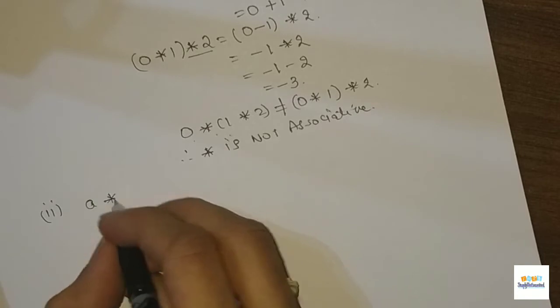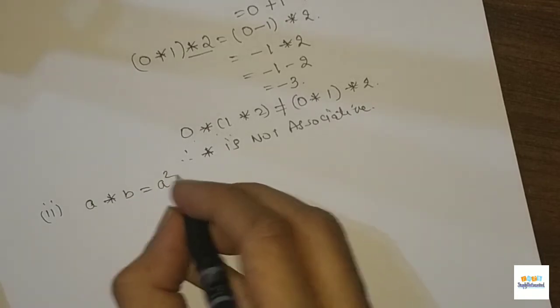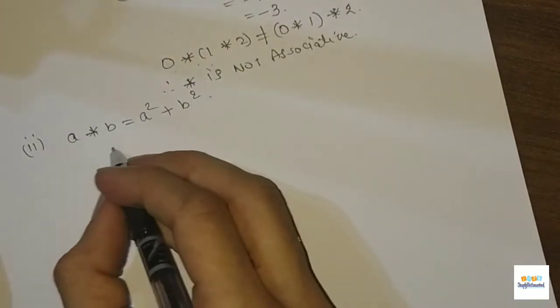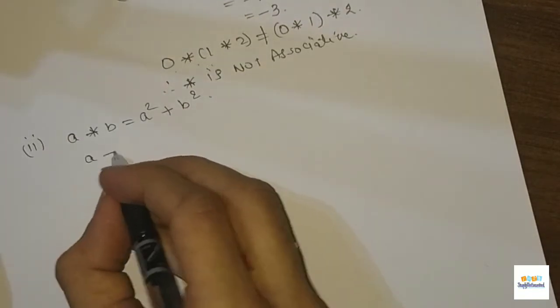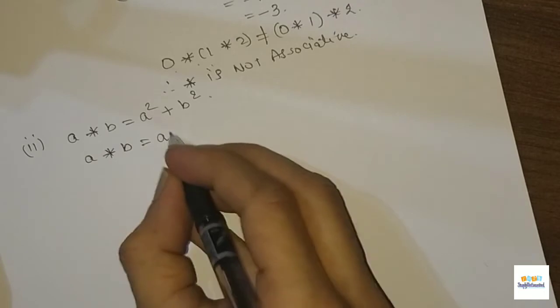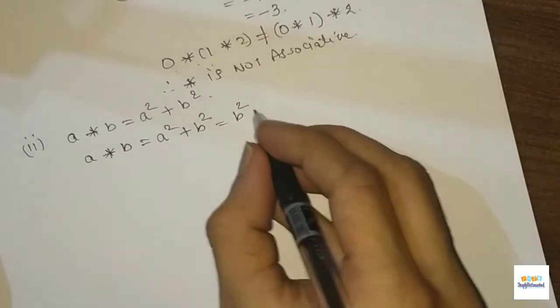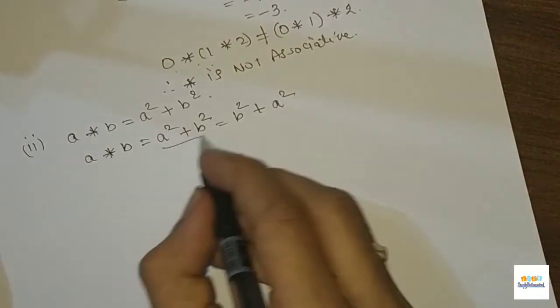Okay, now let us check the second binary operation. So it is a star b equal to a square plus b square, okay. Now if you look at this, a star b is equal to a square plus b square, right? Now this is equal to b square plus a square, right?